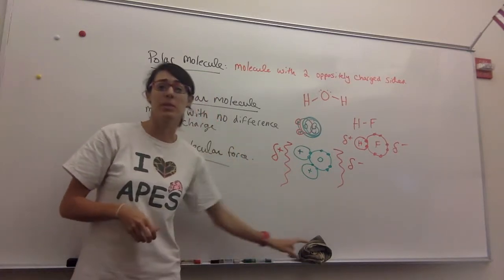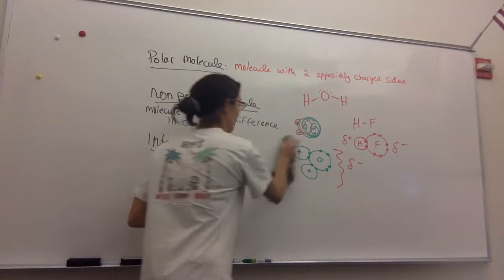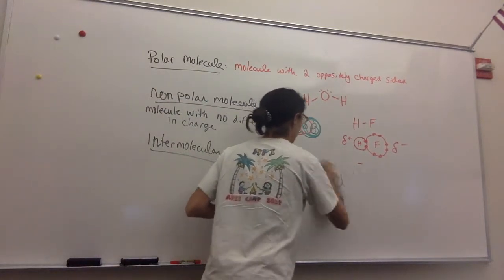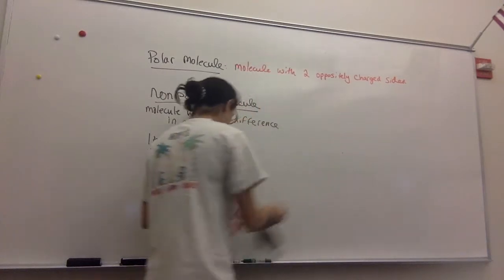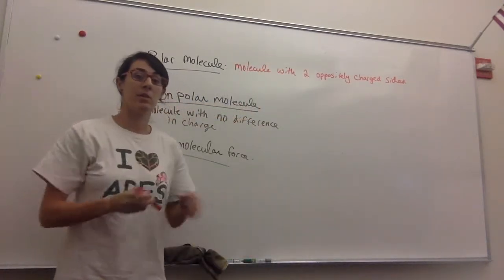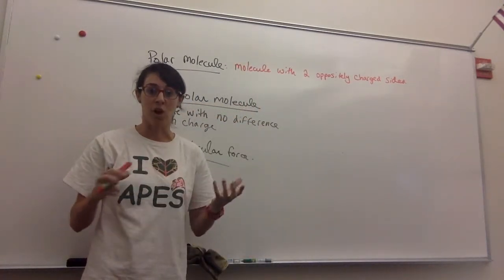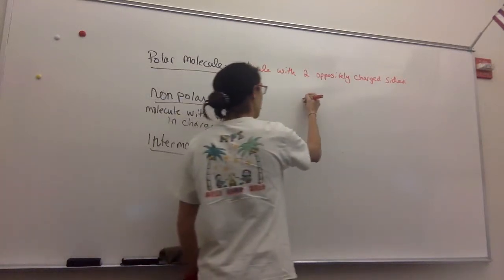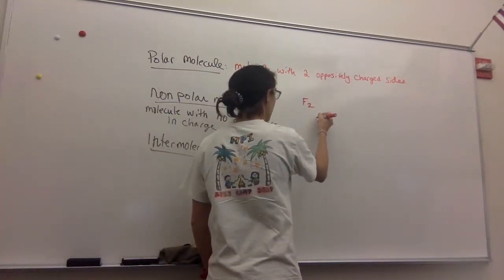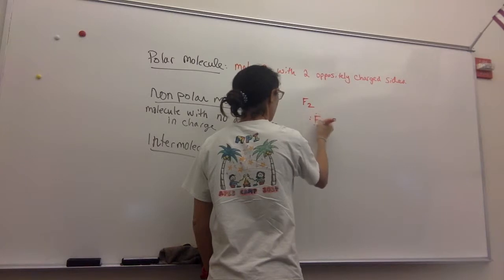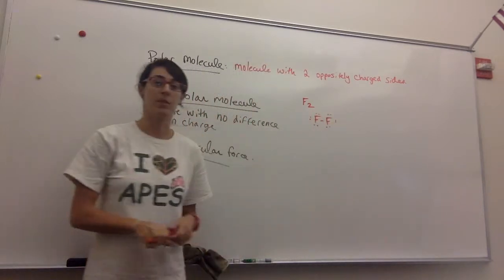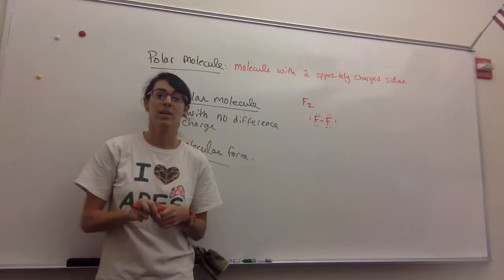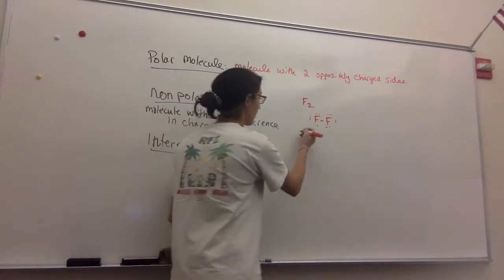There's a couple different ways you can have a nonpolar molecule. One way is if the molecule is uniformly strong, like F2. You just have electrons on both sides. And one is if you have a uniformly weak molecule, like H2.